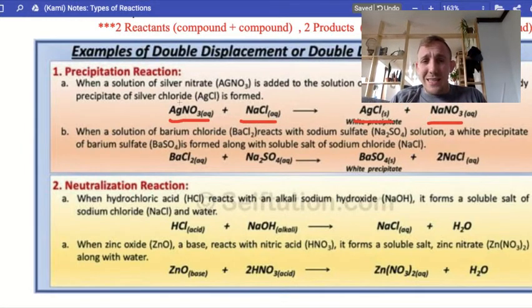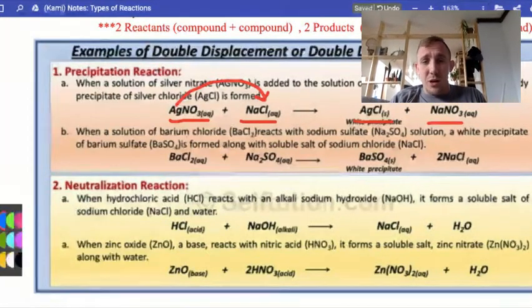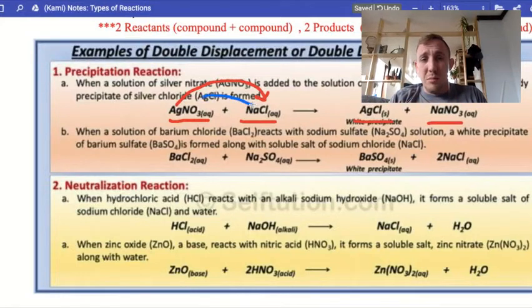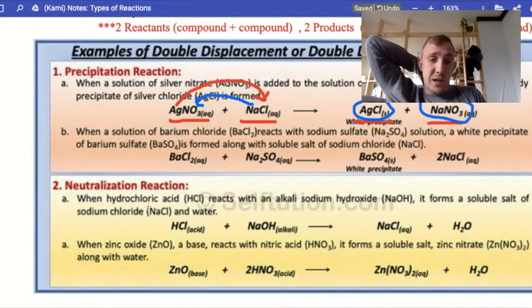Okay, so you guys can see that silver is going to bond with chlorine, and then I'm going to put a new color. Sodium is going to bond with NO3. And so you can see silver and chlorine are together now, and sodium and NO3 are together now.